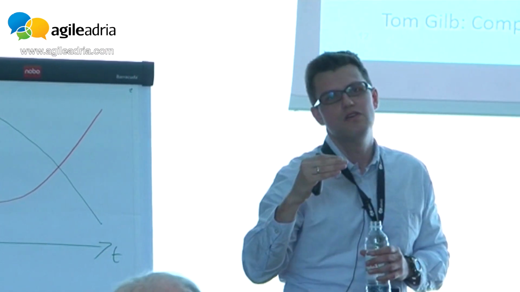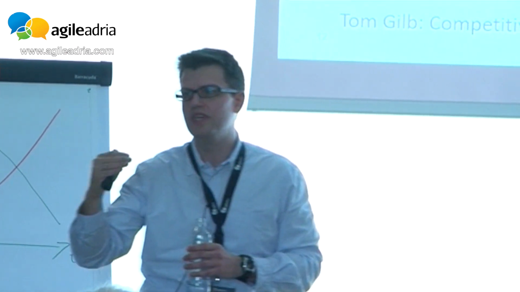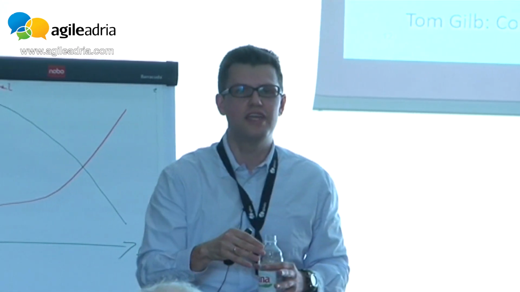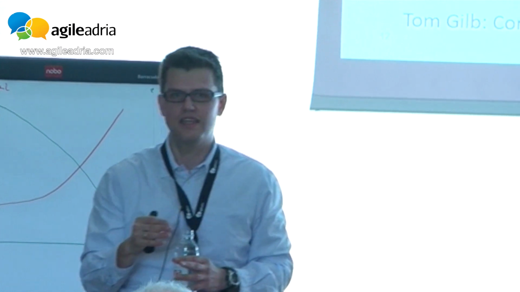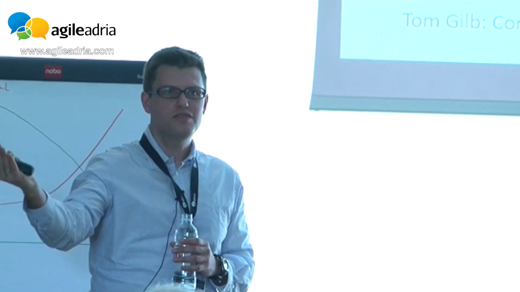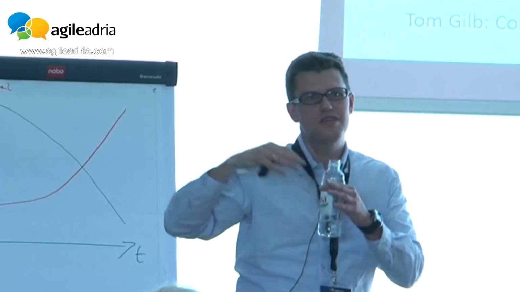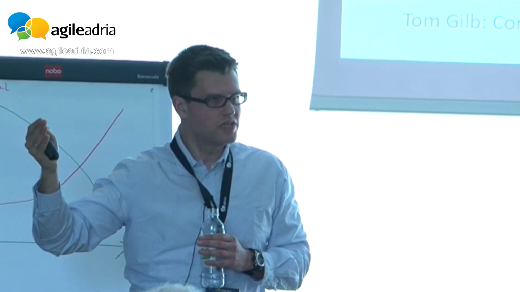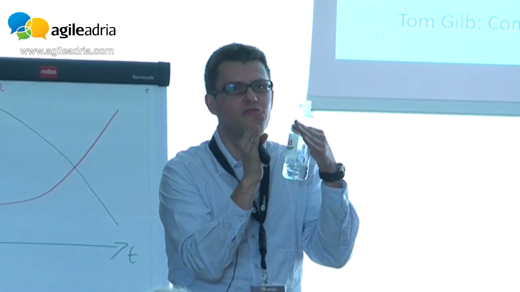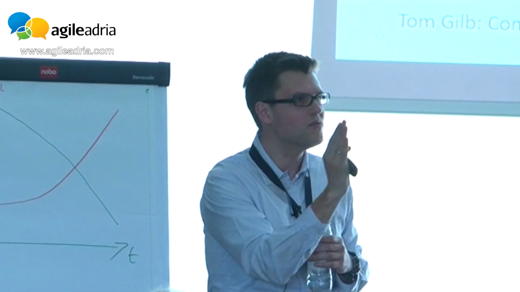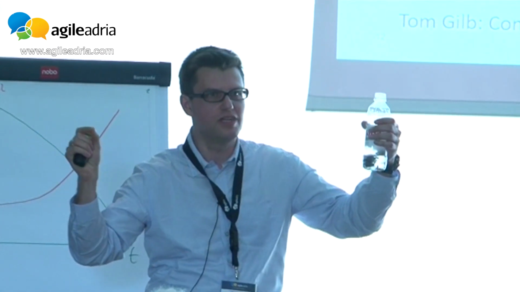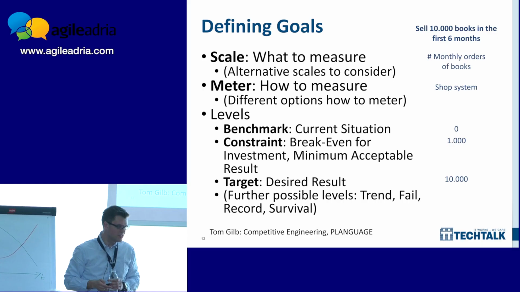This could be where you break even, or below that value you define it as a failure, things like that. And then think about a stretch goal, the upper limit of what you want to achieve, because you will not fix the value as just one value, but rather think in a range. And this is how you can define your goal.